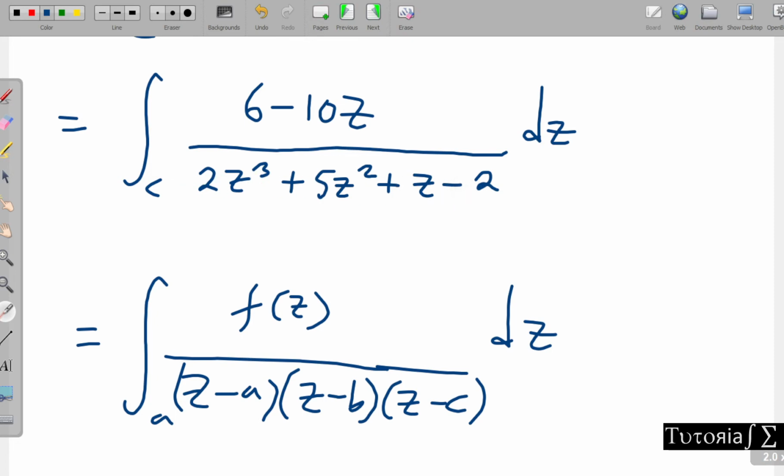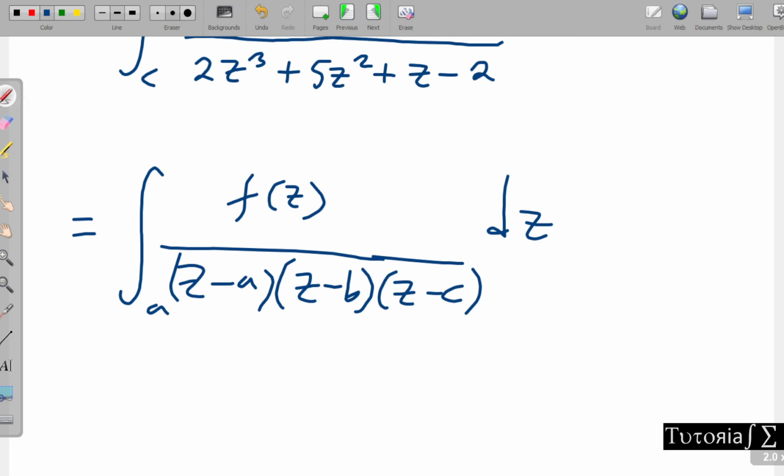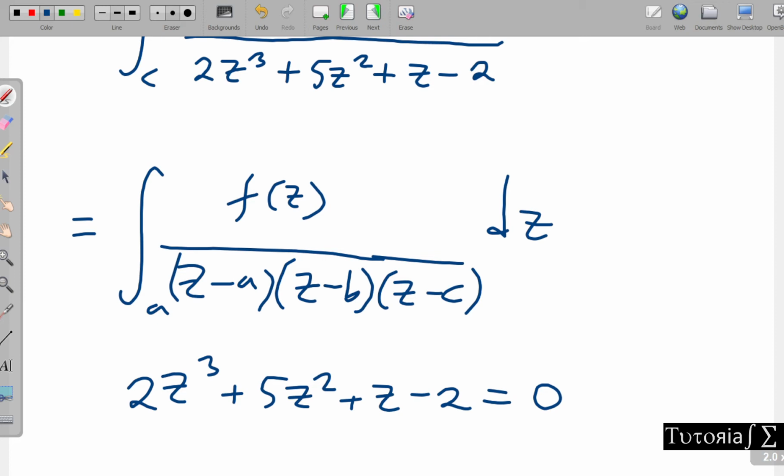You equate this to 0, just like you do with 2z to the power 3 plus 5z to the power 2 plus z minus 2 equals 0. So now we need to solve for z. How are we going to solve for z?